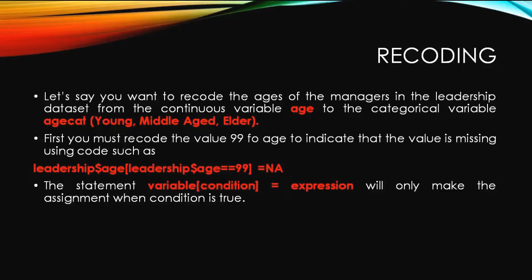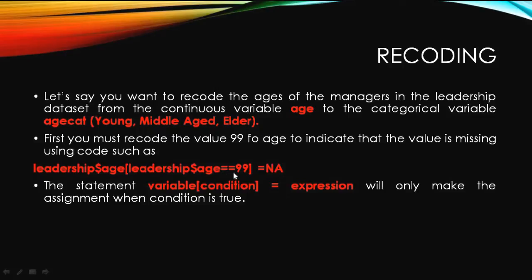I would write a command like leadership. This is the data frame leadership. In that data frame, I have a variable called age. So parent data frame, dollar, followed by the variable, then square bracket, leadership dollar age.